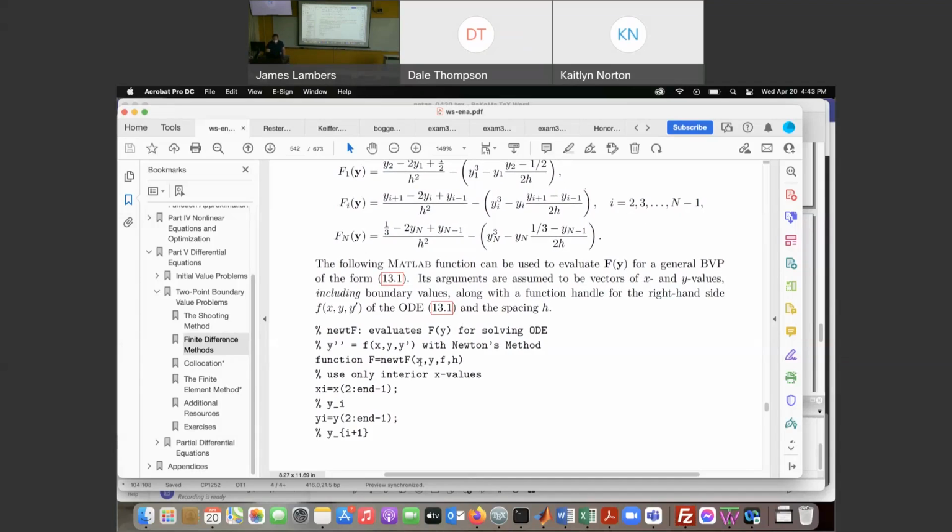Similarly, the vector y would have the alpha and beta boundary values as its first and last elements. But I do want the interior points for evaluating this. So I define my variable xi to be all elements of x except the first and last. Those are the interior x values, and then the corresponding y values.